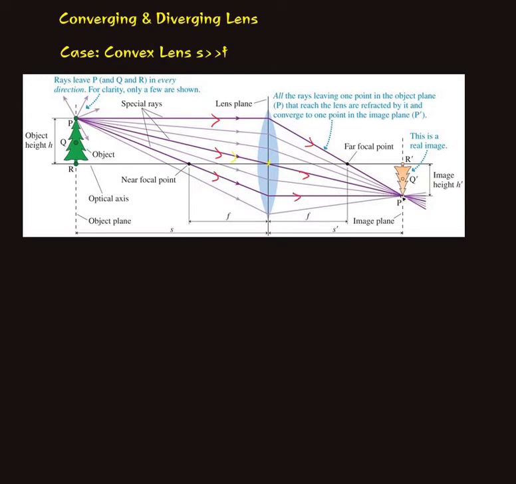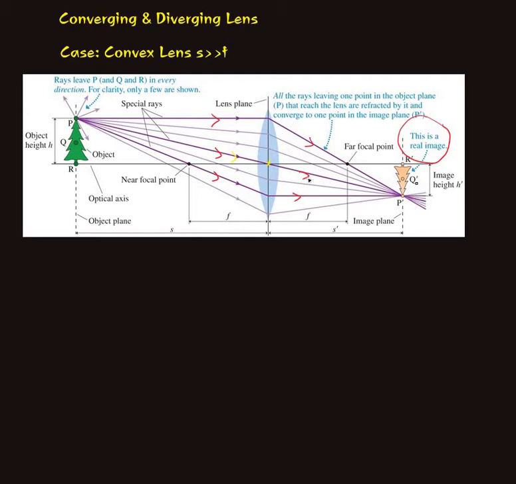They all converge at the same point where the image is going to be formed. And in this case, the image is real. You can read here, it is real, it is downward, and it's actually smaller. So those will be the characteristics.